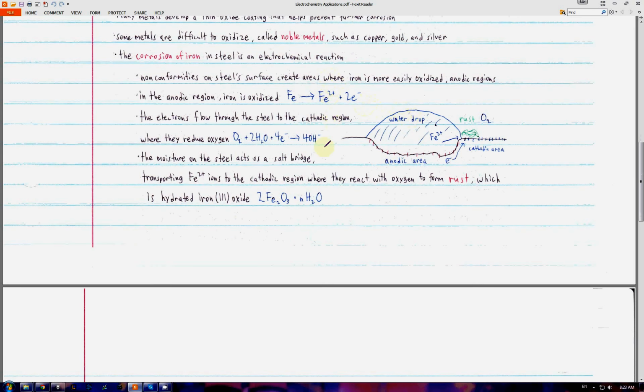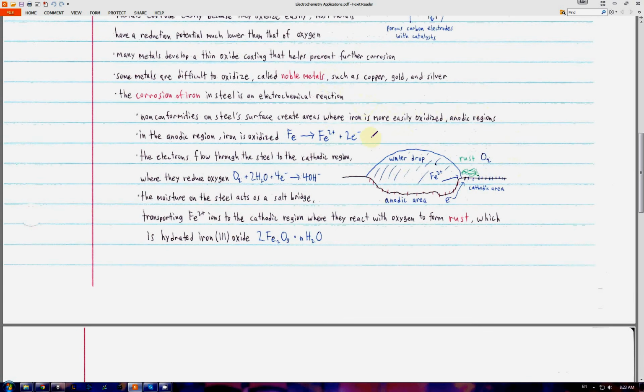So here we have the corrosion of iron. Now, steel, which is mostly iron, has a lot of nonconformities on its surface. Now, due to these nonconformities, there are areas where iron is more easily oxidized, and we call these anodic regions. So you can see here there's an anodic region and a cathodic region.